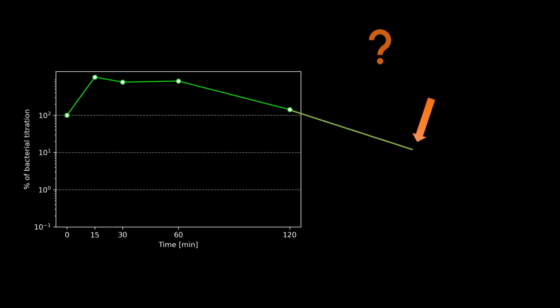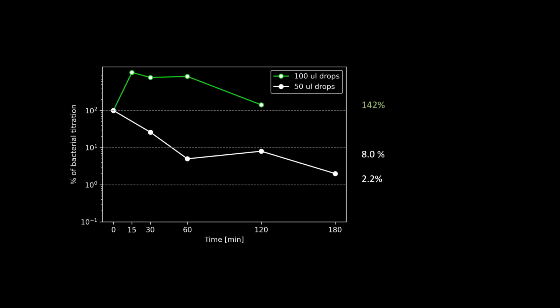Let's check. This graphic shows the difference between the previous graph and the graph for the 50 microliter. We can say that if we use smaller drops, this leads to a drastic reduction. Look at these numbers. The surface area is similar for both drops, but half of the volume may lead to this effect.